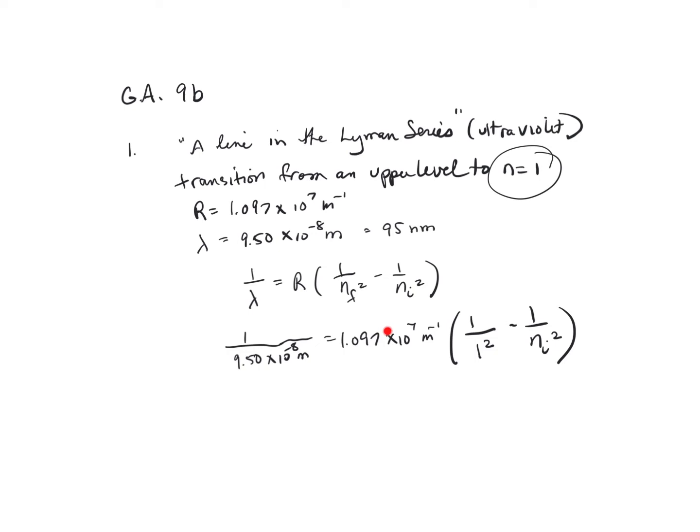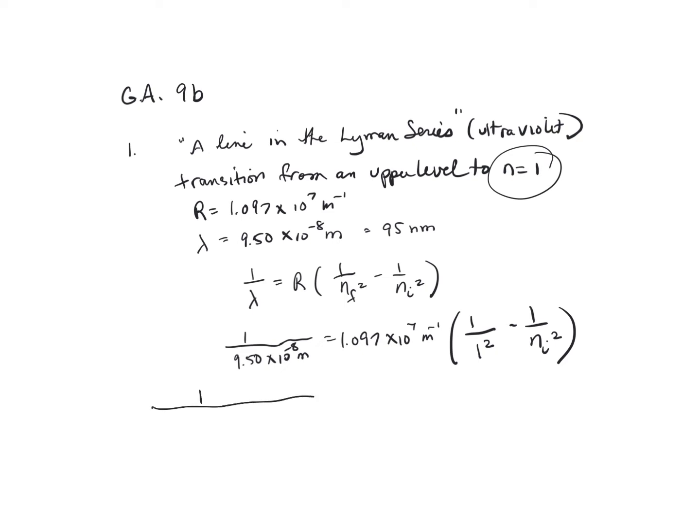All right, so there are 2 ways to do this problem. One is to factor the Rydberg constant into the terms in parentheses, multiplying the first term and then the second. I don't recommend that. Instead, take this number and divide this side of the equation by it, and then divide the other side by it as well. You'll see how much easier the second method is.